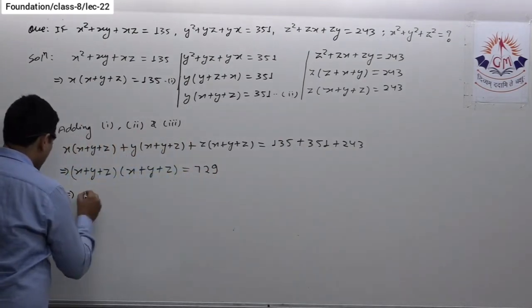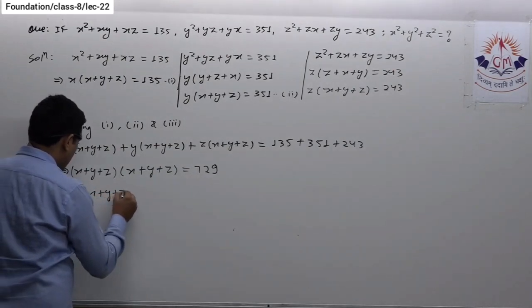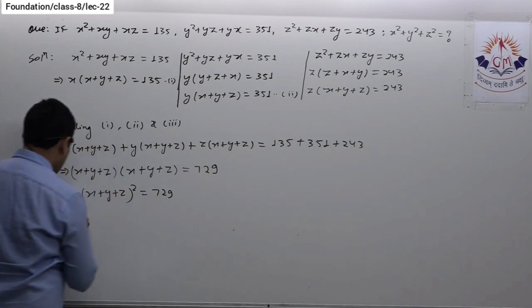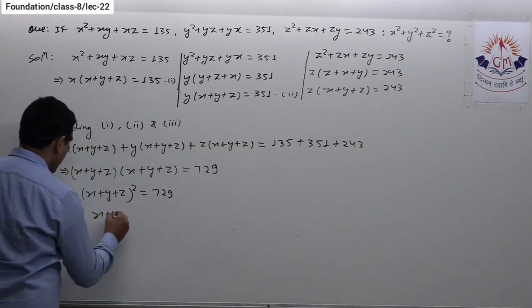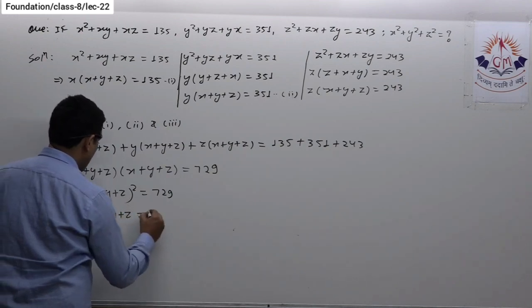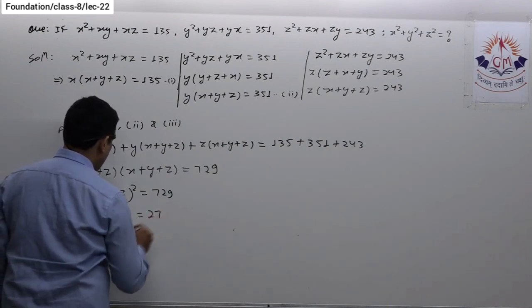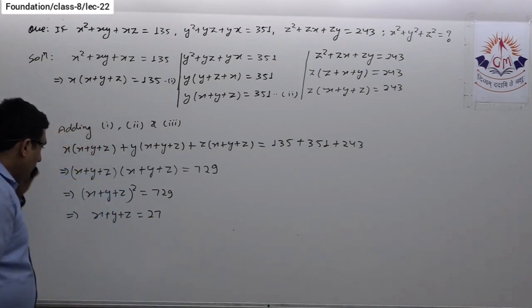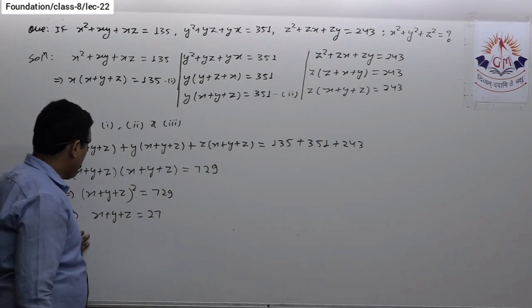So I have (x plus y plus z) whole square is equal to 729, and that gives me the value of x plus y plus z is equal to 27. I got the value of x plus y plus z.